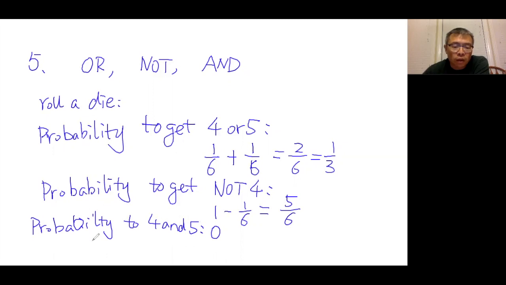For example, you can ask for the probability of not 4 and 5. Now in this case, how do you get it? As we know, the probability of getting not 4 is 5/6, while the probability of getting 5 is 1/6.